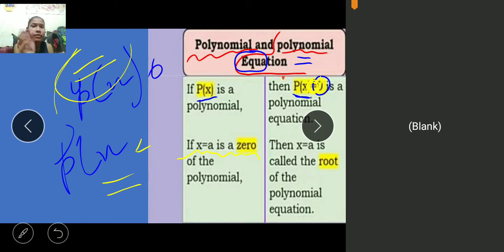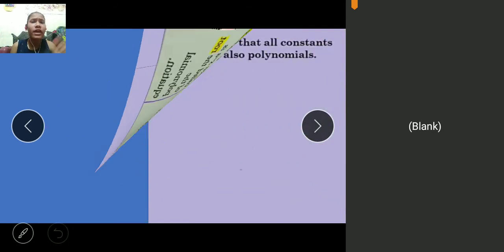In the polynomial we say this, but in the polynomial equation we say that x = a is the root of the polynomial equation. This much is clear. Very easy peasy concept, guys. Getting my point? I hope you are getting it. If you are getting it, put a thumbs up.